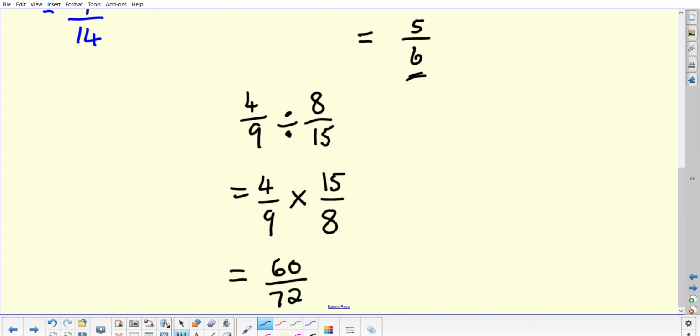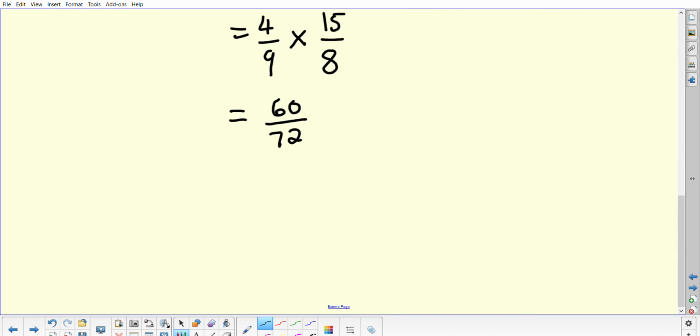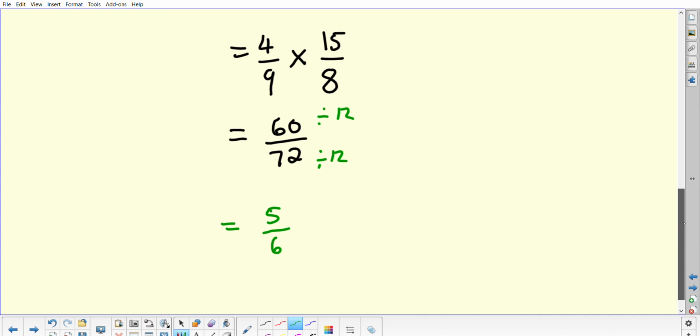You're then trying to simplify down from 60 over 72. You may or may not spot that they're both in the 12 times table. So if you divided by 12 top and bottom, you would get 5 over 6, the same as we got before, but it's not necessarily easy to spot that you can divide by 12. Of course, you could do that in stages. You might divide by 2, but you'd have to do it a few times.